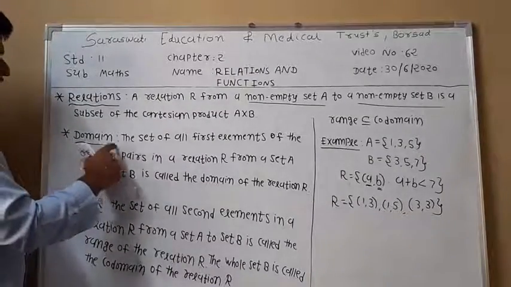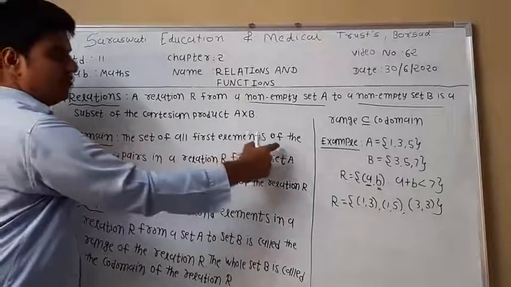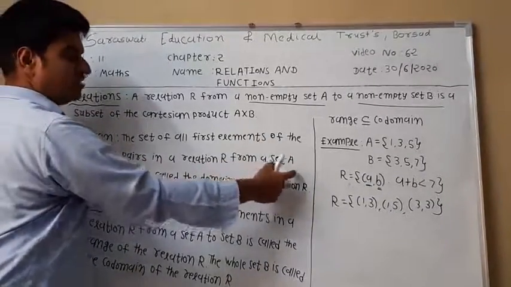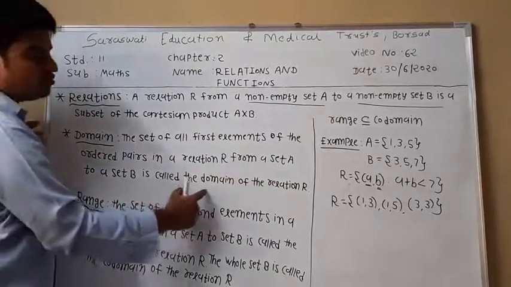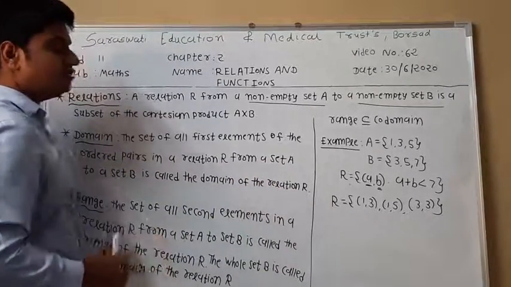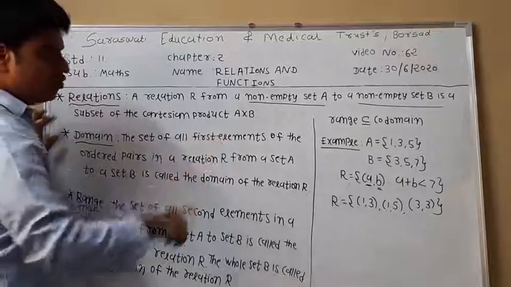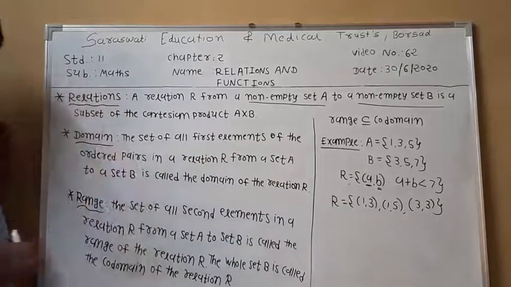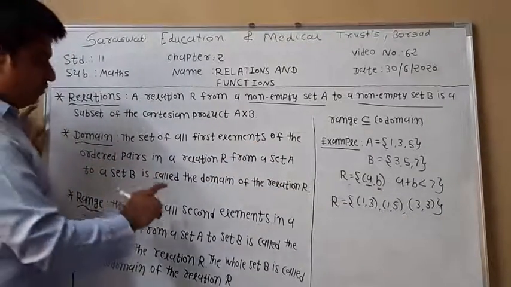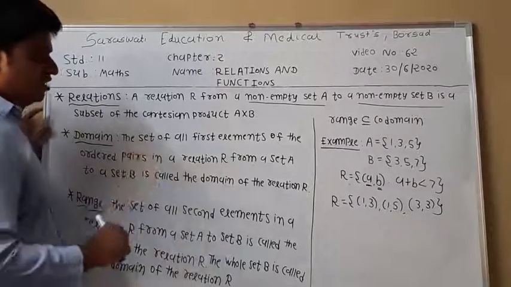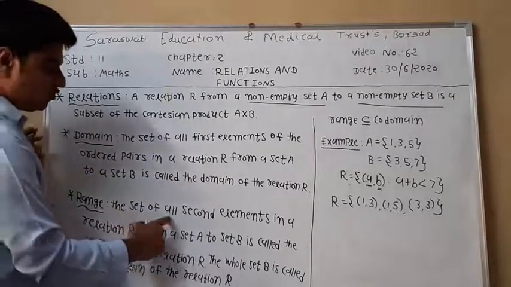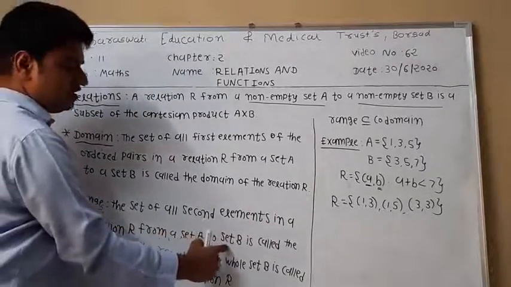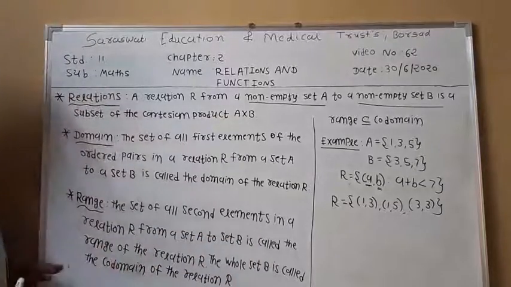The set of all first elements of the ordered pairs in a relation R from a set A to a set B is called the domain of the relation R. And range means the set of second elements in the relation R from set A to set B is called the range of the relation R.